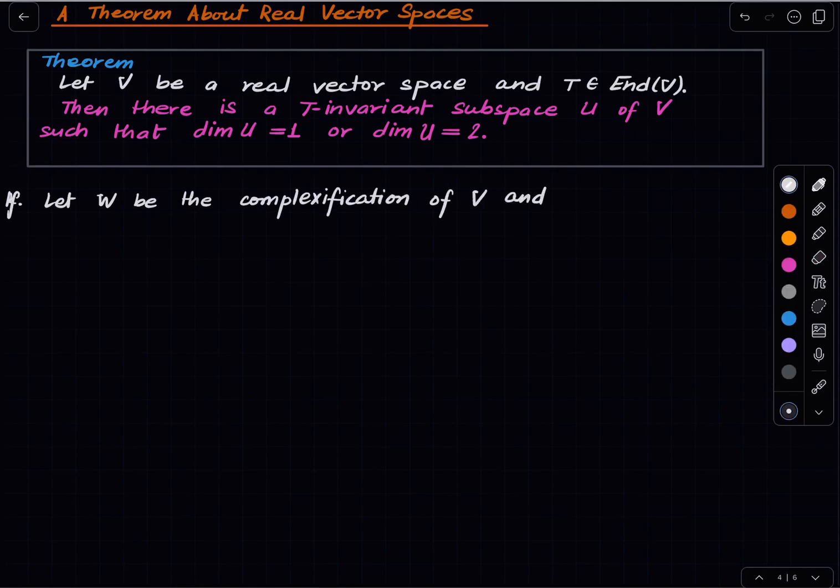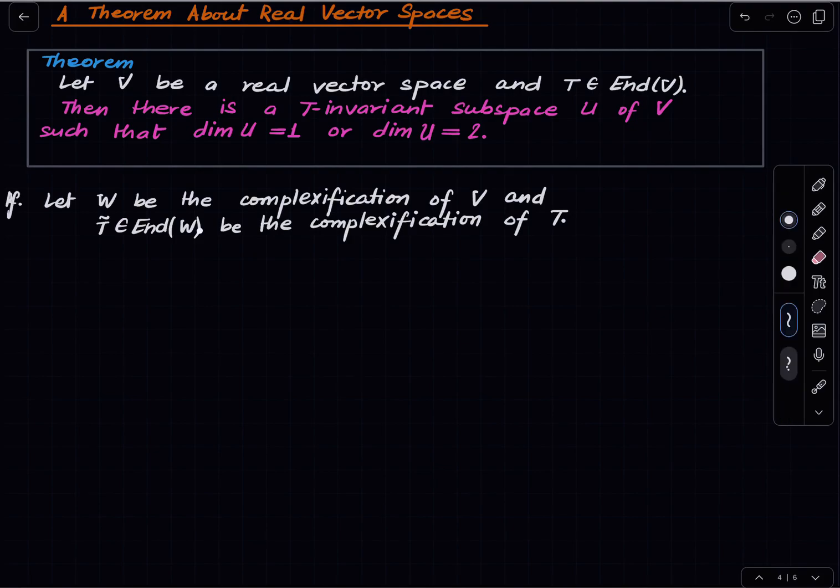And let T tilde be the complexification of T. All right. And since every endomorphism on a complex vector space has an eigenvalue, we can pick an eigenvalue of T tilde.